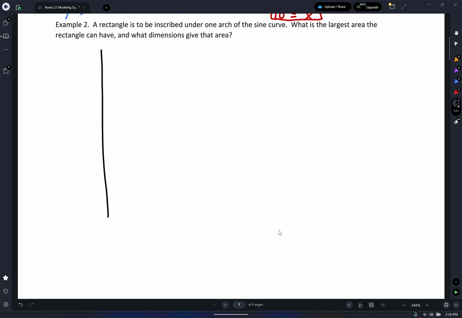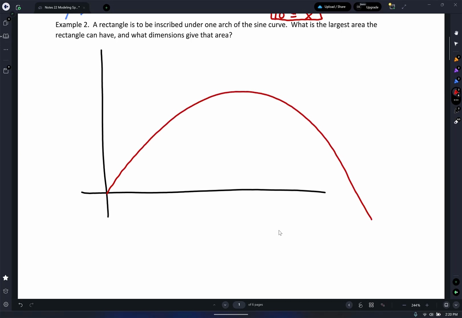So I'm going to draw a sine curve. There's my sine curve. I'm going to put the points that I know are definitive. It's not the best drawing, but that's fine. I know that's at pi over 2.